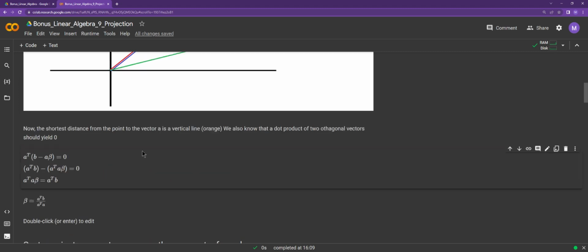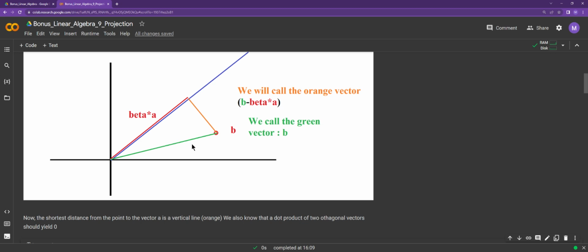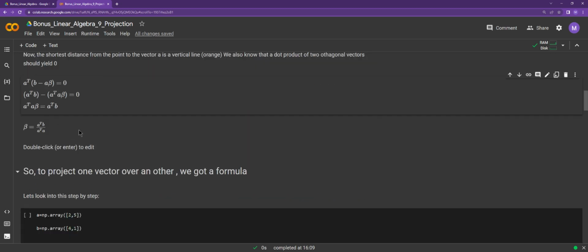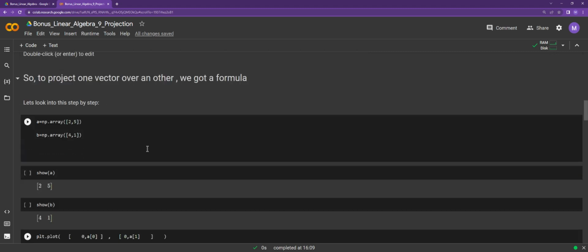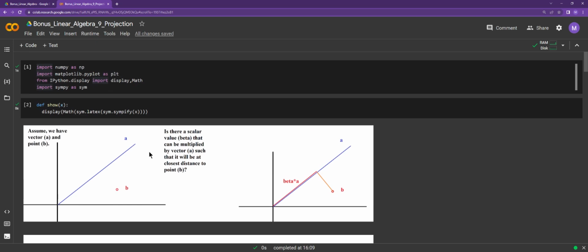So all this was about how to calculate projection of a green vector, this B, on the blue vector. And that's the formula, blue vector being the A, all right? Let's now look at it from a linear algebra sense.